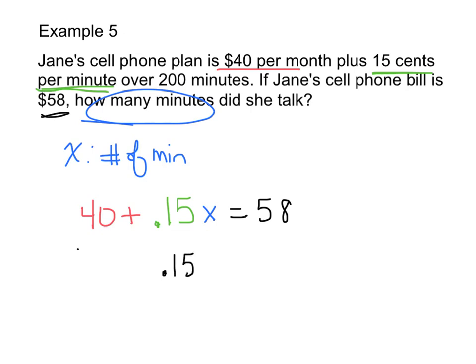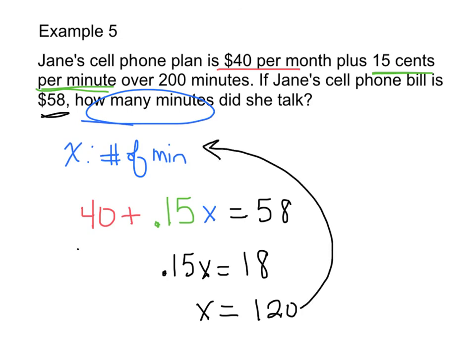If we subtract 40 on both sides, 58 minus 40 gives me 15 cents x equals 18. So now the opposite of times 15 cents is divide by 15 cents. And we get a value of x equals 120. Now in this problem, we know x is 120. So my answer to this would be 120 minutes.